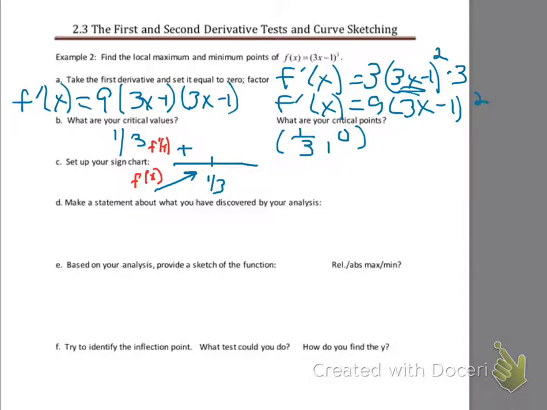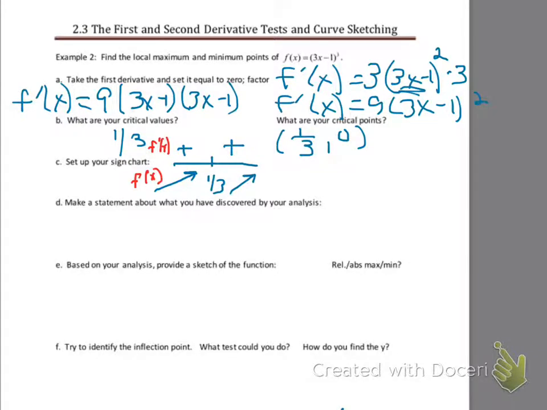I would probably check 1, right? Why not? If I check 1 and put that back in the equation, I have 3 minus 1 is 2, and 3 minus 1 is 2, so I'm going to get a positive again. So if I have a positive again, then my function is still going like this.